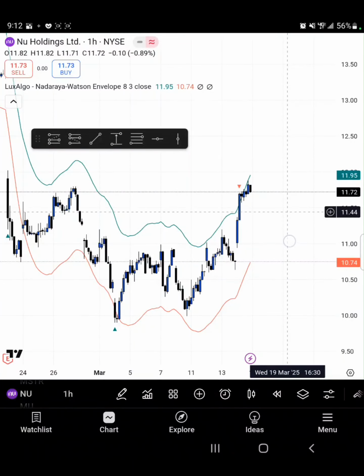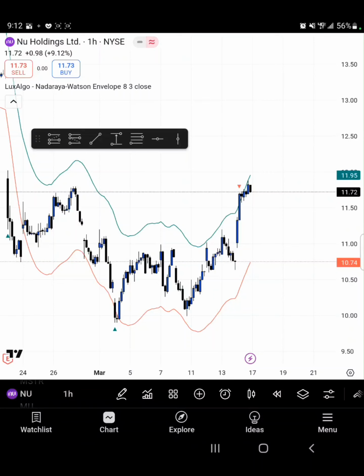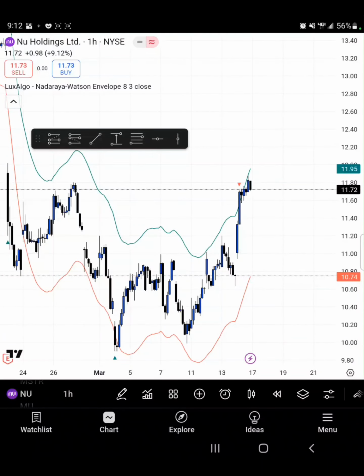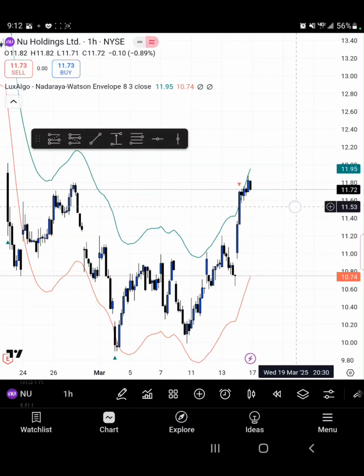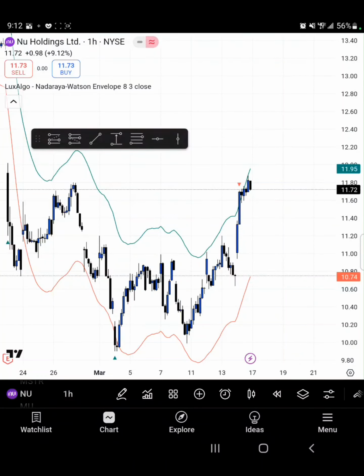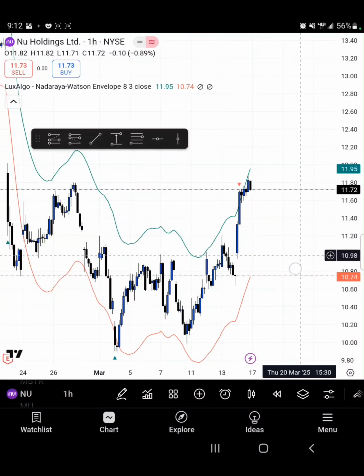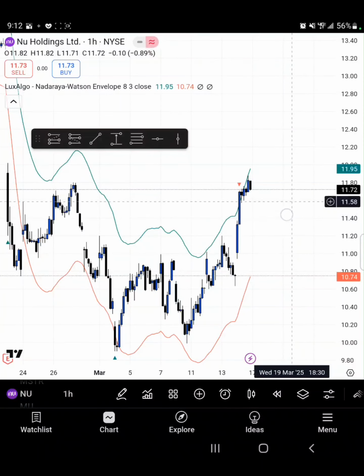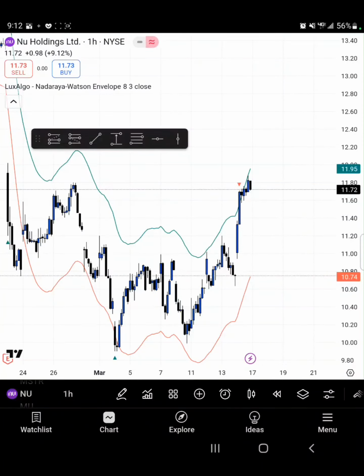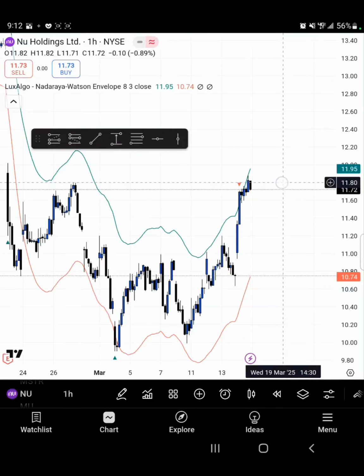To know the movement of the markets, let's say the market is up. This NU stock is up 9% for the day. So what we're going to start looking for is puts or sells, anyhow you want to call it, because after the huge push to the upside, sellers are going to start selling around this area of resistance.